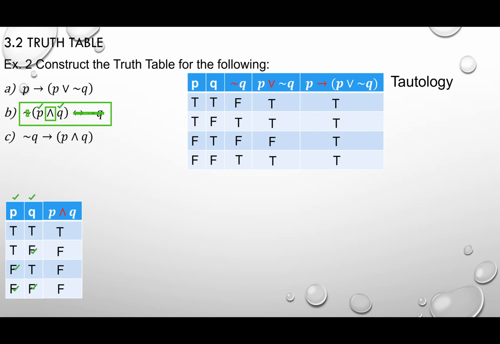For me, the book says it the other way. The book says the only time it's true is when both of them are true. You can remember it that way: the only time the and is true is when both are true, and if not, it's false. To make my life a little easier, I say for the and statement, as long as I see a false, doesn't matter where, the result is false.